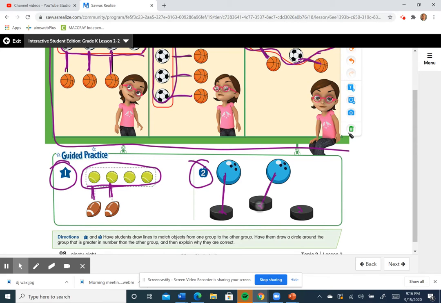So we have 1, 2, 3. And we have 1, 2. So 3 is greater than 2, or 3 is bigger than 2, right? So we're going to circle the hockey pucks, just like that. Excellent. On to the next page.